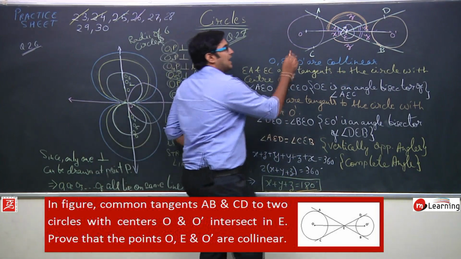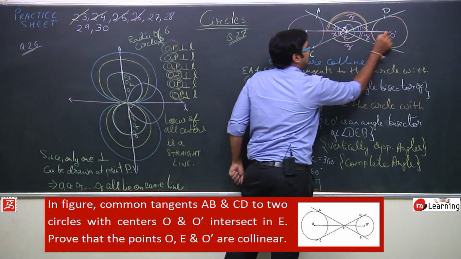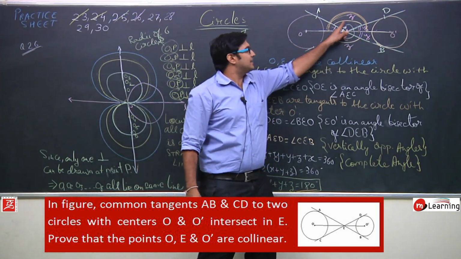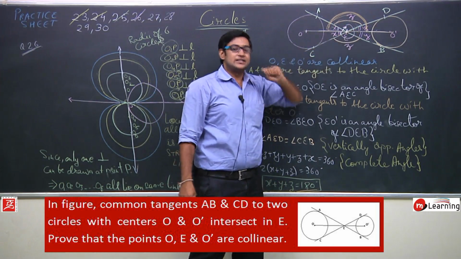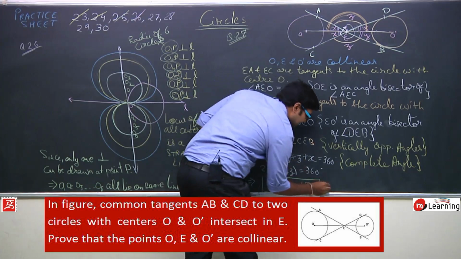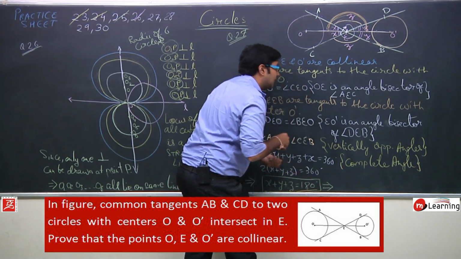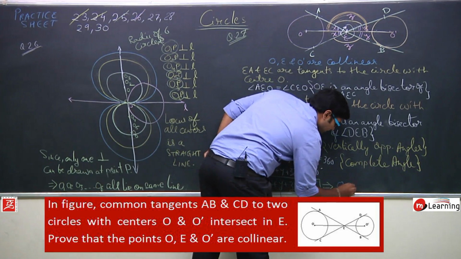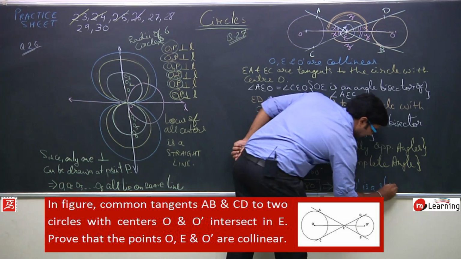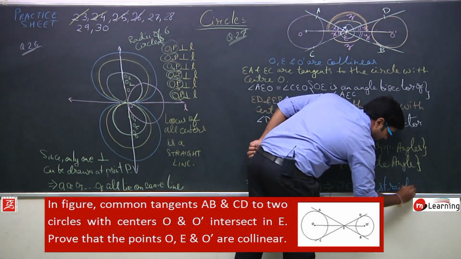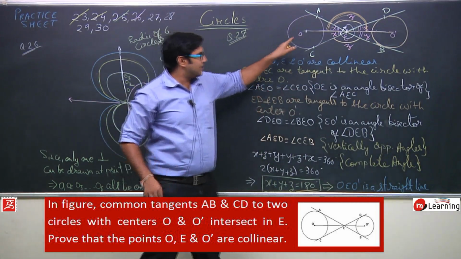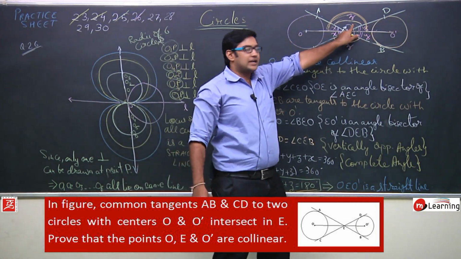It means that this OEO dash is a straight line, because this complete angle is equal to 180 degrees. So I can say X plus Y plus Z is equals to 180 implies that OEO dash is a straight line. Okay, it's a straight line. That's why this angle is 180 degrees.